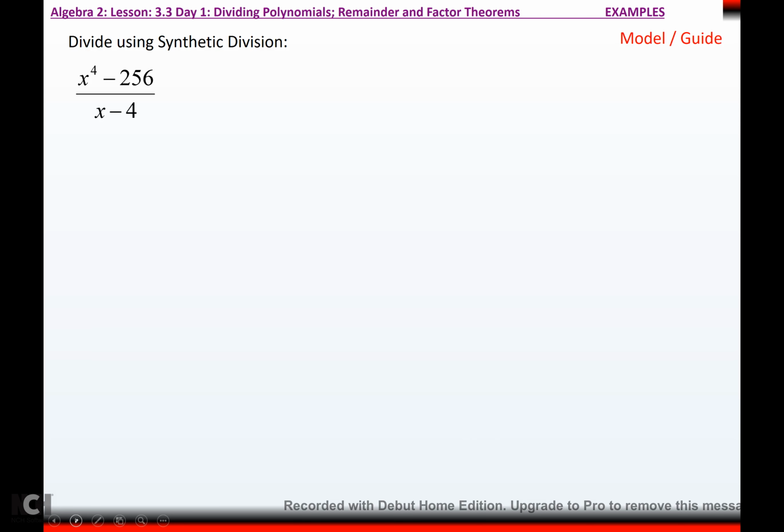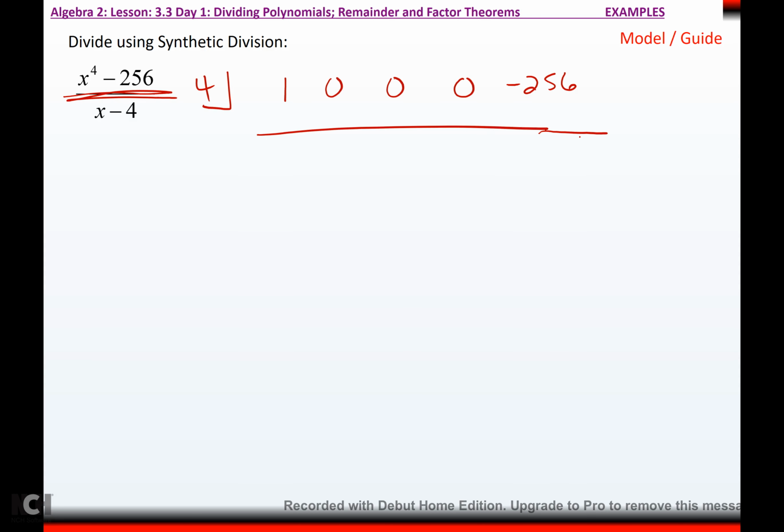Alright? Again, they can write it vertically like this. You know, this still means divide. So we have fourth degree coefficient, third degree coefficient, second degree coefficient, first degree coefficient, and the constant. And positive 4 is going to go in the hole.